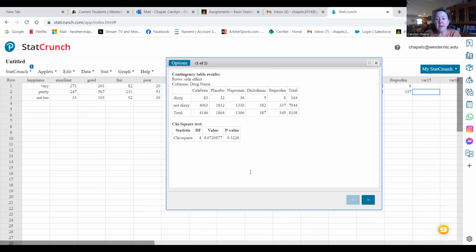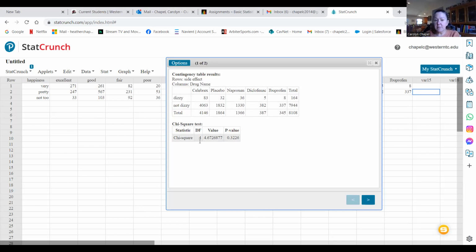So you'll notice here we have the totals again. So if I wanted to do it by hand, I could get those expected values. And it wouldn't be a bad idea to double check some of these expected values to make sure that they are all bigger than 1, and make sure that no more than 20% are smaller than 5.